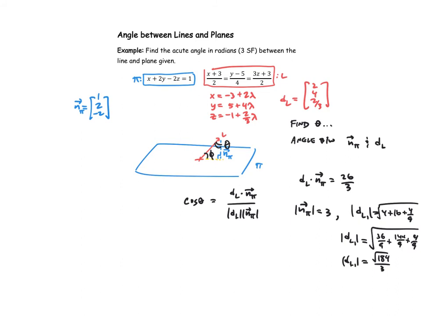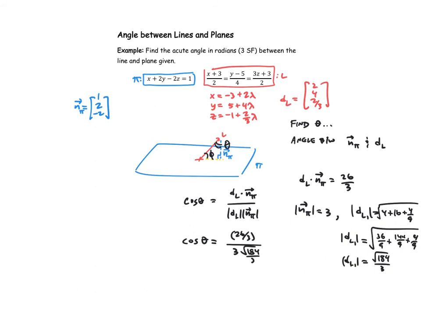We got our dot product, which we call the scalar product. We got the magnitudes of each of the vectors. Let's set this thing up. The scalar product is 26/3. The magnitudes: I had a 3, and I had the square root of 184 over 3.